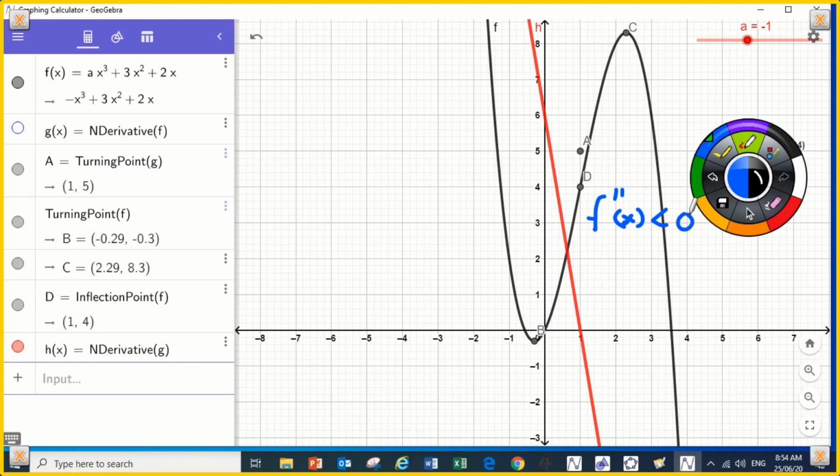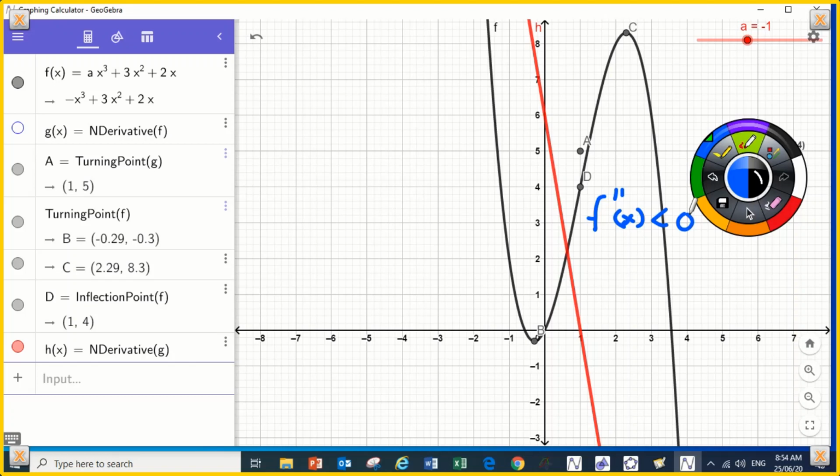Now, in the first and second quadrant, the y values are going to become what? Positive. In the graph, as you can see, from just after this point to the left, it becomes concave what? Concave up.